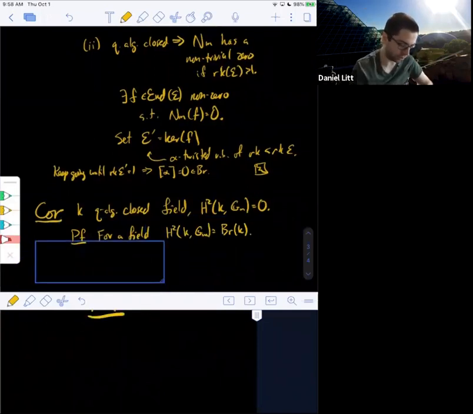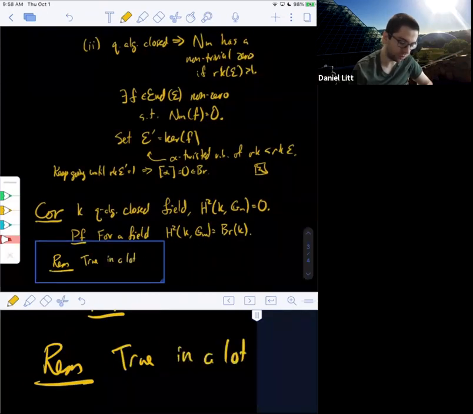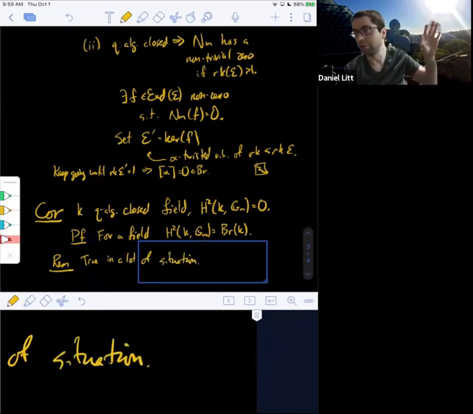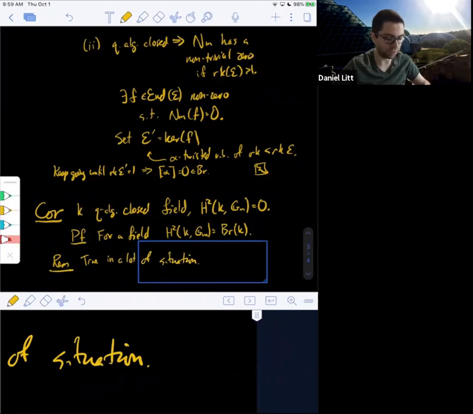So the remark, which is maybe worth making, is that this is true, not in general, but in a lot of situations. So I think, for example, for regular rings, it's true. But it's not true for schemes in general. But it's hard to make a counterexample. Yeah. So what's true in very wide generality is that the Brauer group is equal to the cohomological Brauer group.